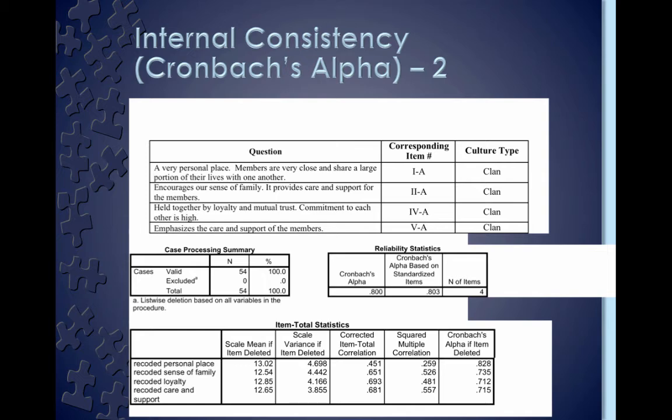Here's another example. If you downloaded the example on Titanium for reliability and internal consistency, you'll see on the second page a questionnaire. This is a questionnaire that I used at UCLA when I did research a couple of years ago.